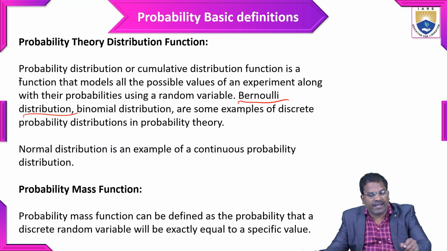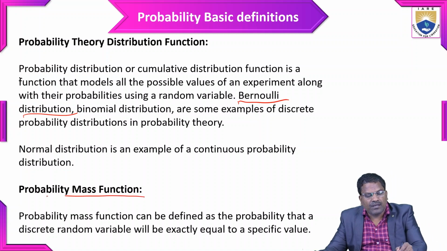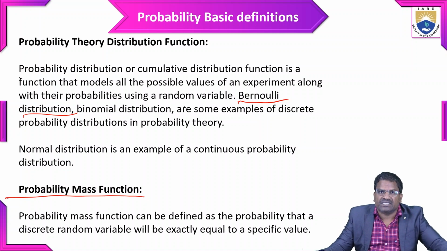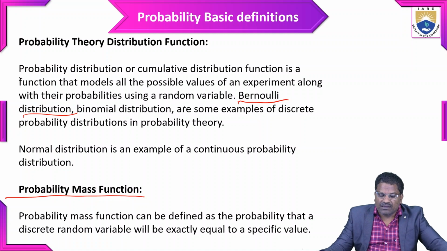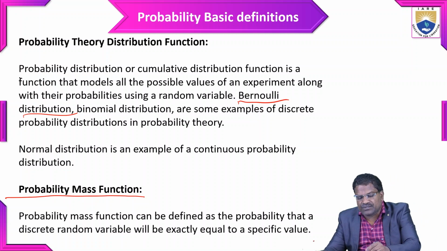Now let us define the keyword probability mass function. PMF, probability mass function, can be defined as the probability that a discrete random variable will be exactly equal to a specific value.